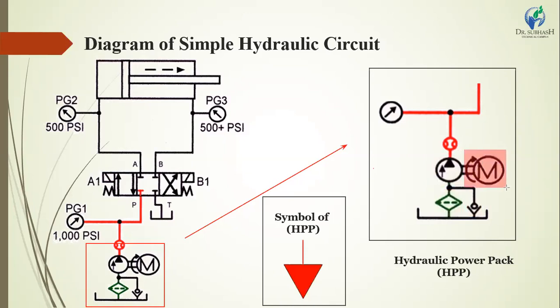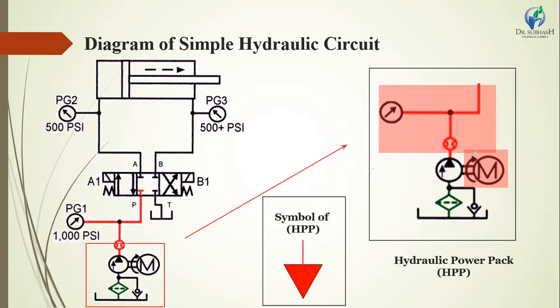These points are the hydraulic motor, which is operated by electricity and gives rotary motion to the pump. Here is the hydraulic circuit line, where one pressure gauge is attached, along with a component to pass hydraulic oil into the hydraulic circuit.